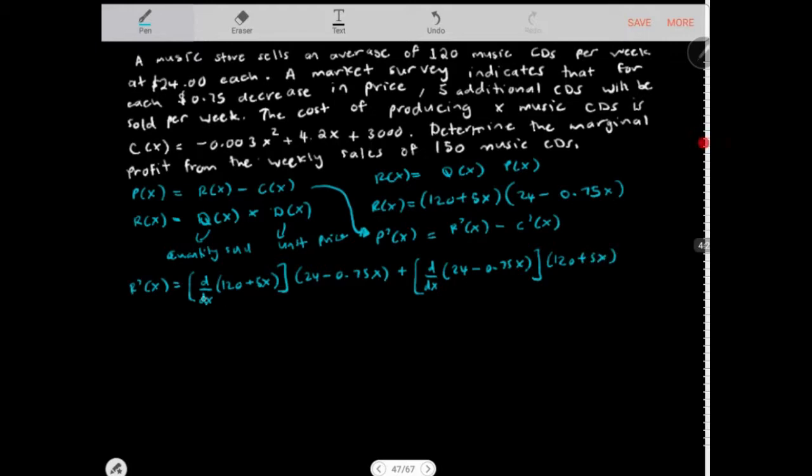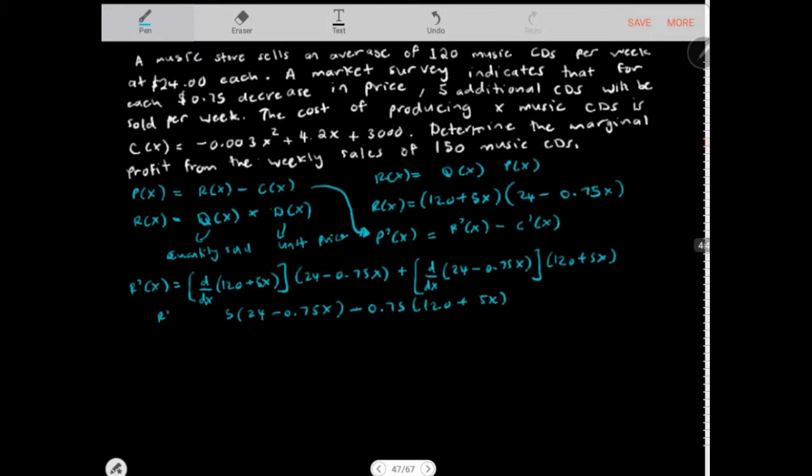The derivative of 120 plus 5x gives you 5 times 24 minus 0.75x, plus minus 0.75 times 120 plus 5x, because we're taking the derivative of negative 0.75x.